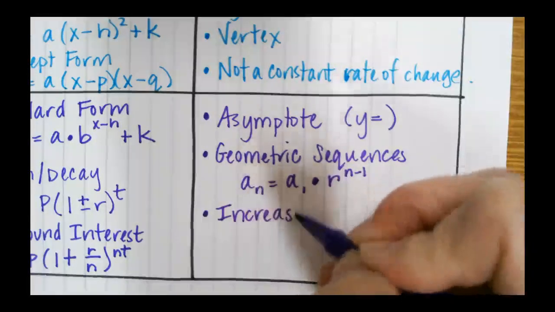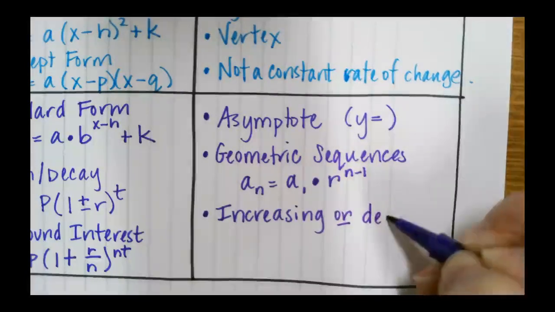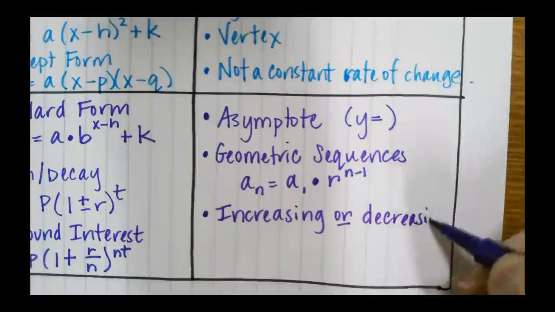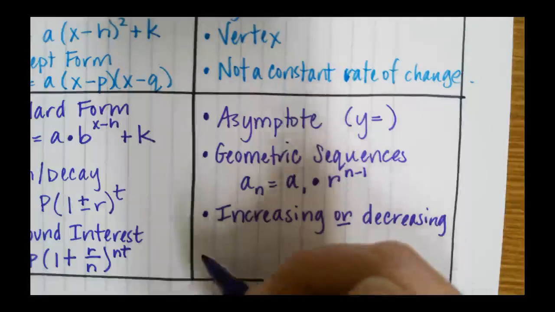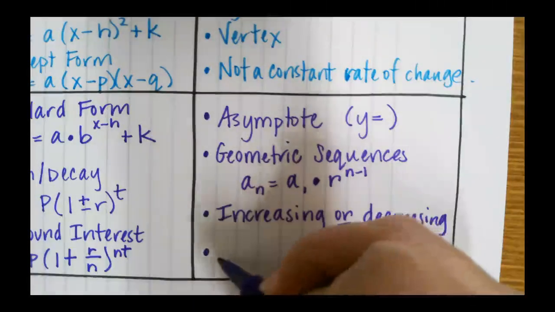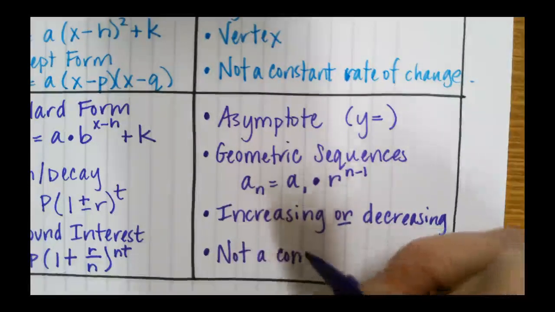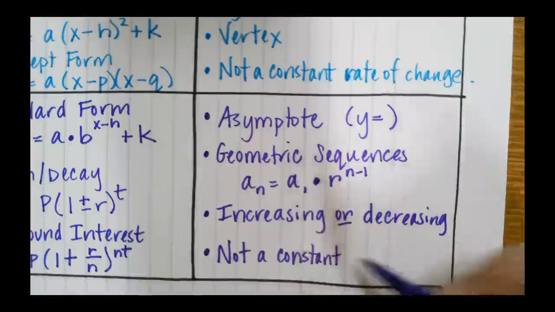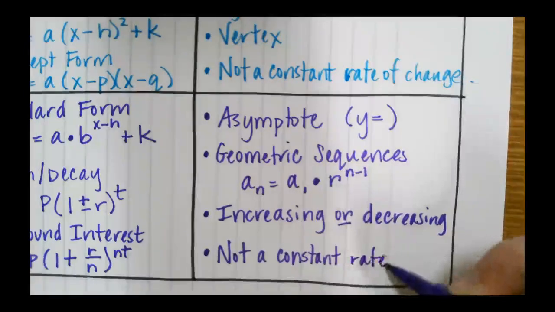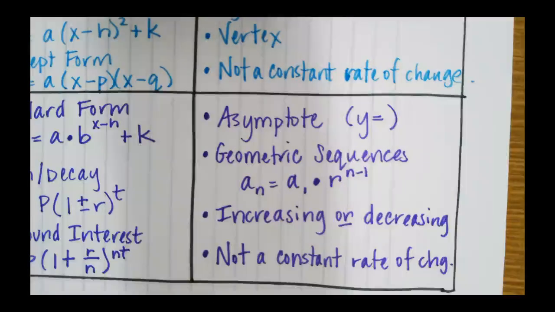That's similar to the linear. It's going to do one or the other, not both, like our parabolas do. And once again, since it is not a line, we do not have a constant rate of change. We have an average rate of change, and again, we still use the slope formula for that.